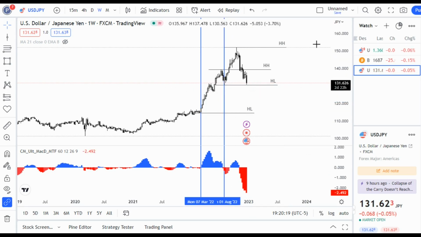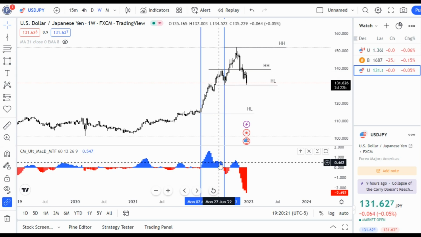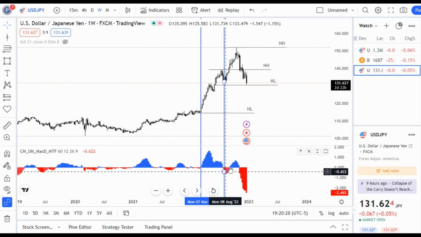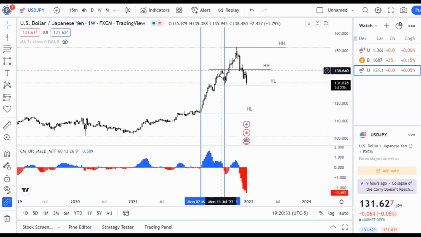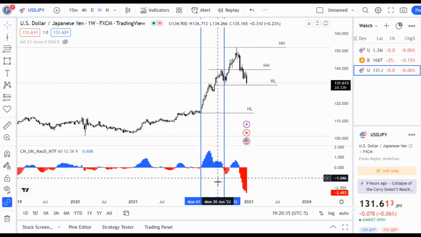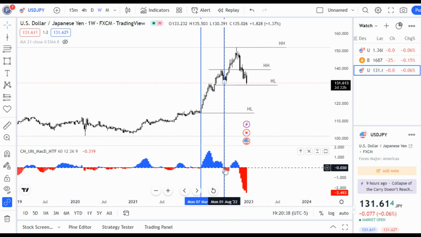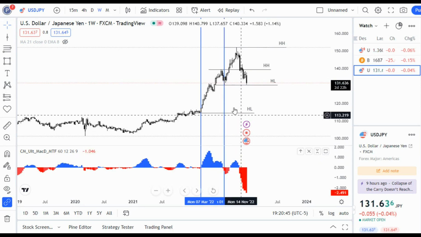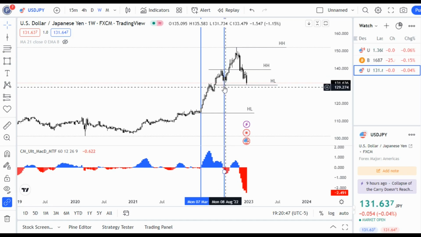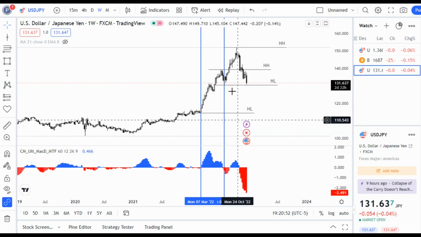MACD is informing us that here was where the market reached, and now the red started on the MACD. So you will say that here is truly a higher high. And this area also was indicated as a sell. This is a higher low here. And we said the last candle, because the last candle gave us this wick, so we will indicate it at the tip of it. Okay, so this is it.